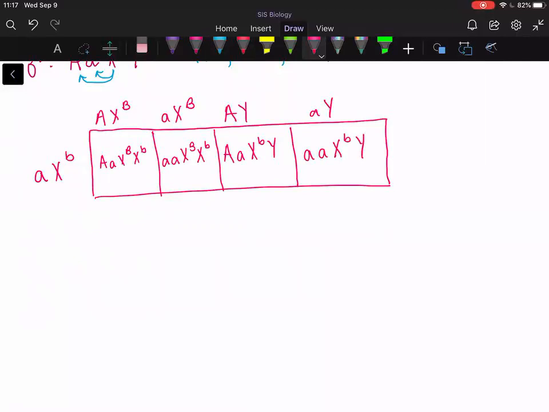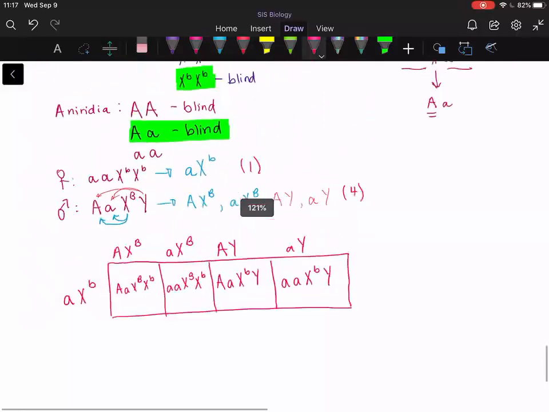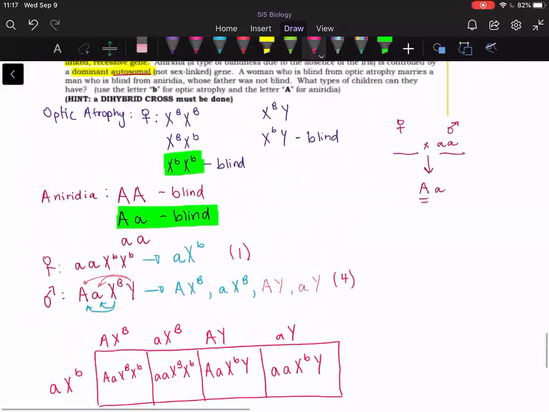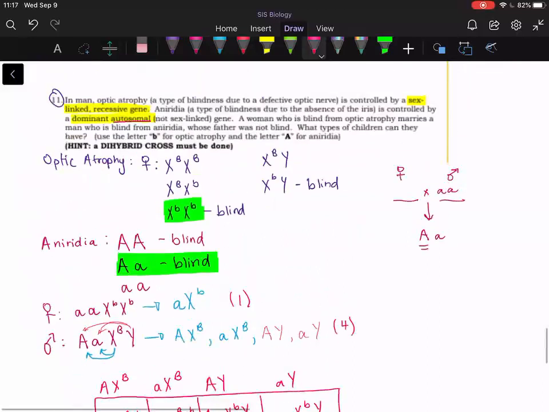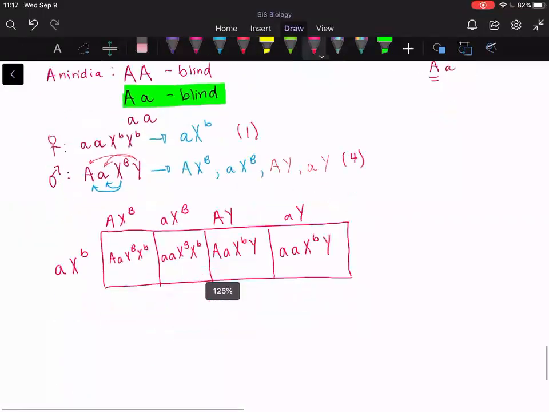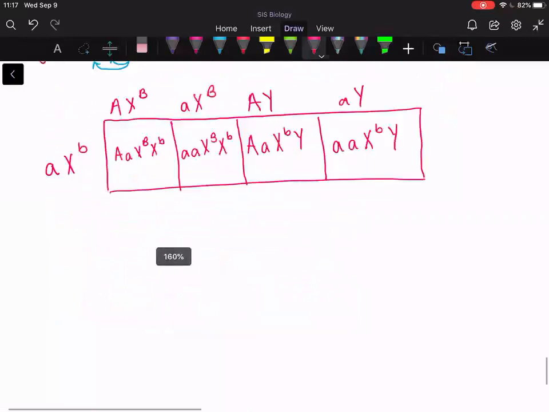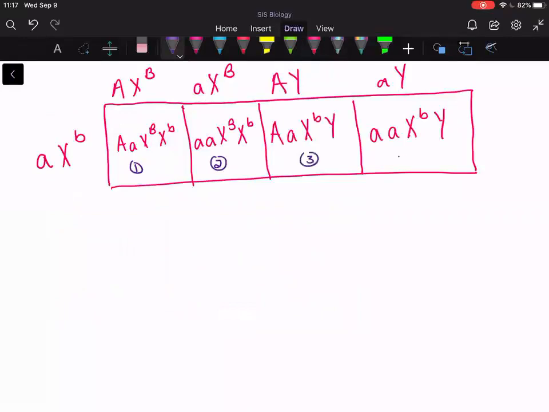So now we have our Punnett square done. It's asking, what types of children can they have? So let's label it 1, 2, 3, 4.